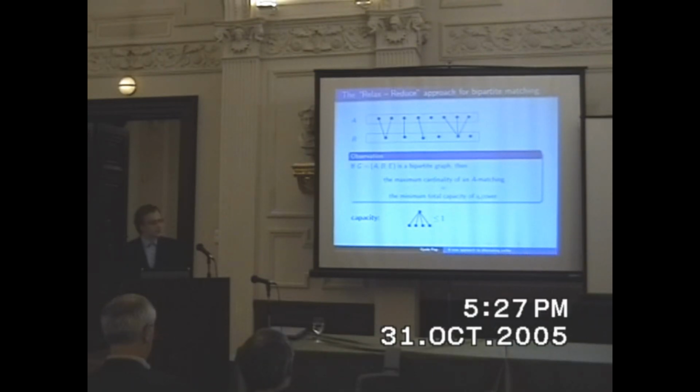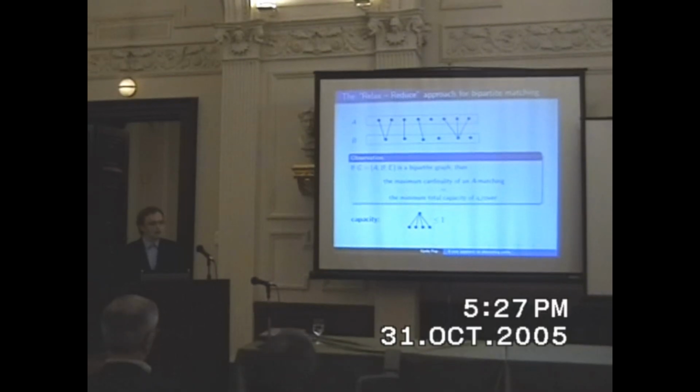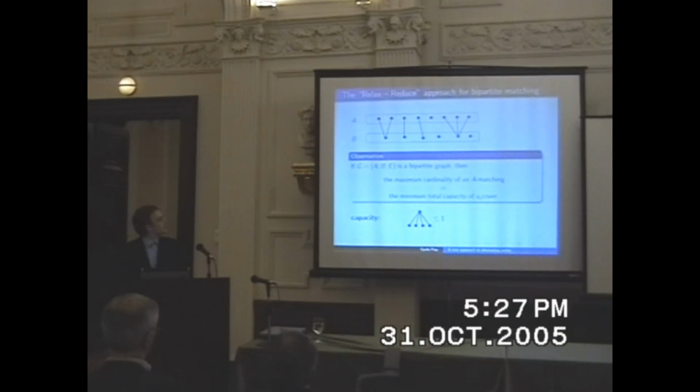It's an easy observation, analogous to Koenig's theorem, that the maximum cardinality of an A matching can be determined by a cover. We only use stars like that. To see this, an A matching is constructed by picking an arbitrary edge from each non-isolated node in A. This is easy.